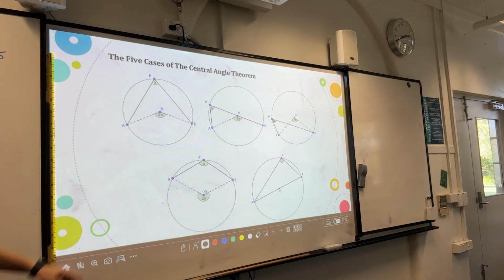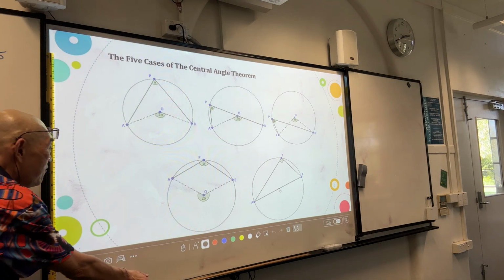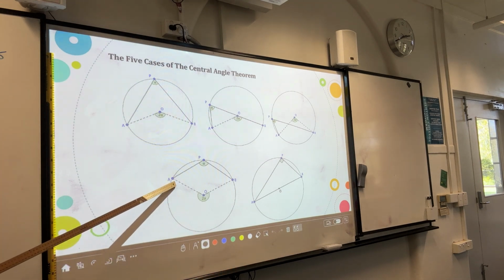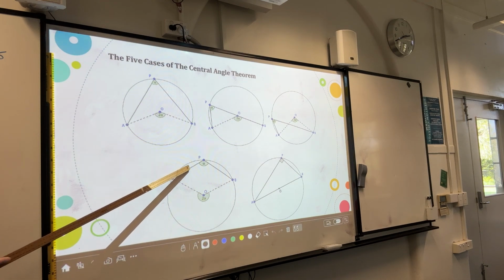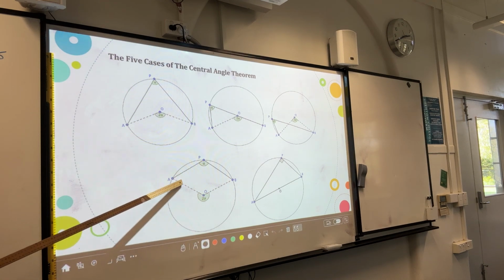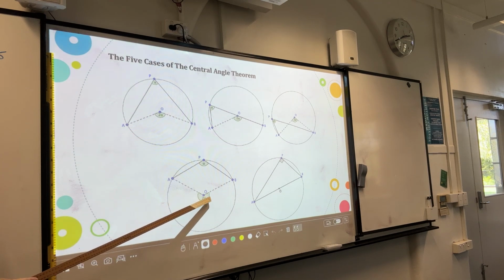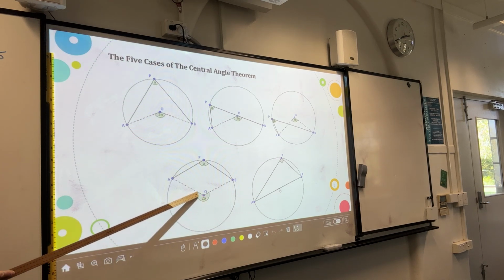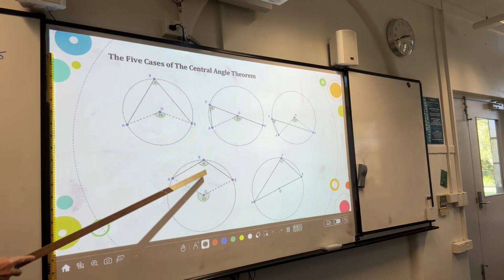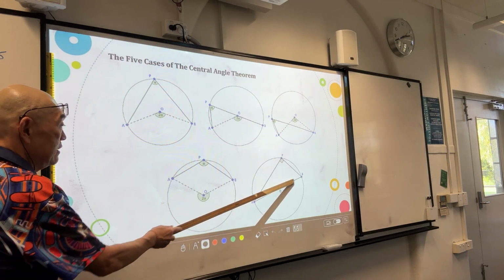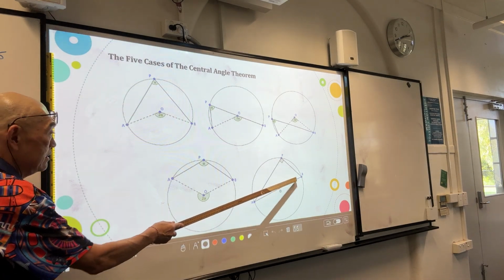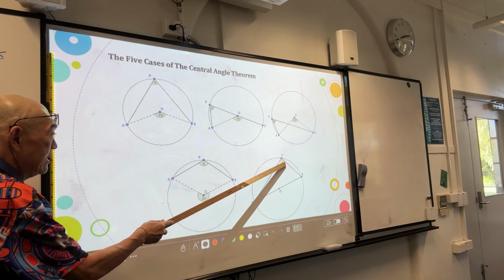This one is not quite intuitive, but you can see that you're looking at the angle here and coming back, this angle here is actually double this angle. And finally, this one, I will prove it to you again: that is the diameter, because it's 180 degrees, this is 90 degrees.